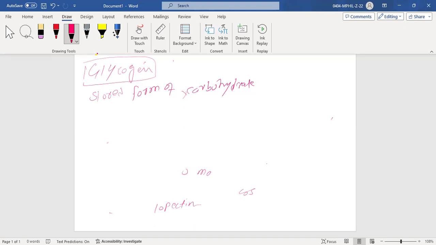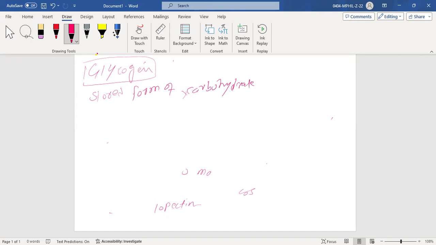Only glucose can be absorbed by our blood. Our blood capillaries can only absorb glucose because that is the simplest sugar, not polysaccharides and not higher sugars. Are you getting this point? Okay.